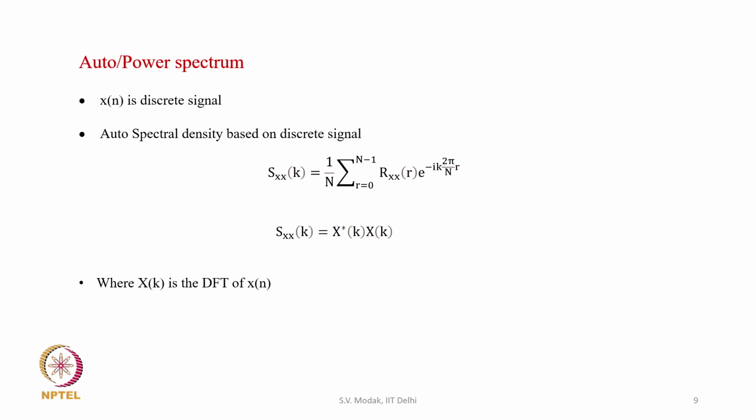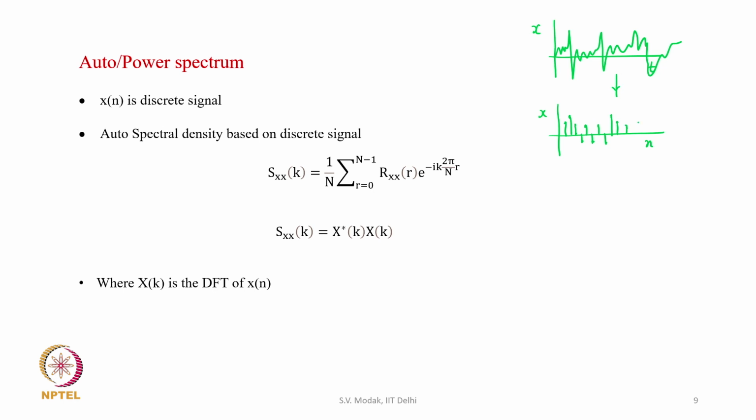So, let us try to look at the whole process. What we have first of all is the signal x of t, a continuous random signal, and after discretization we get a discrete signal xn, which will be a sampled signal like this.